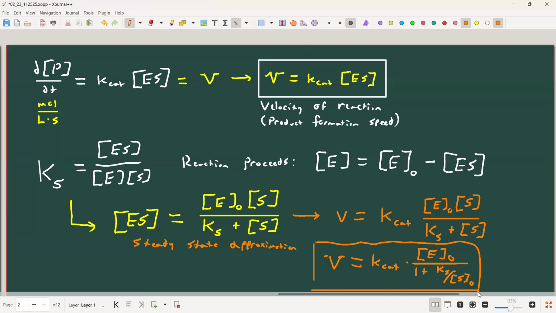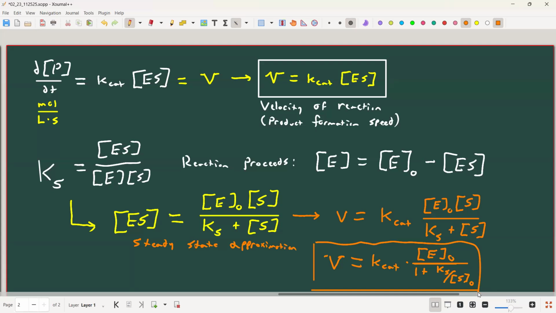With twice as many enzymes, you can react twice as many molecules. And then we have a denominator here. We have a 1, and then we have this ratio of Ks over the initial concentration of S naught. So let's think a little bit about the limits. How does the rate of formation of our product change depending on how these change?